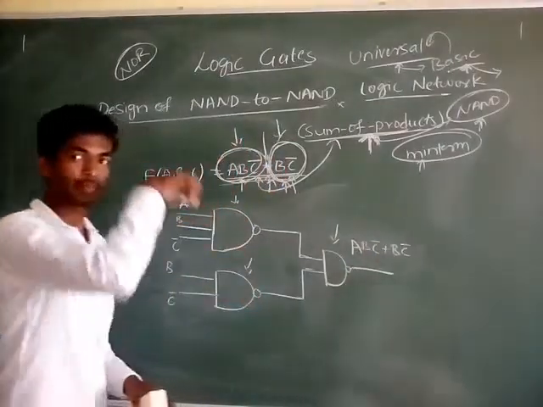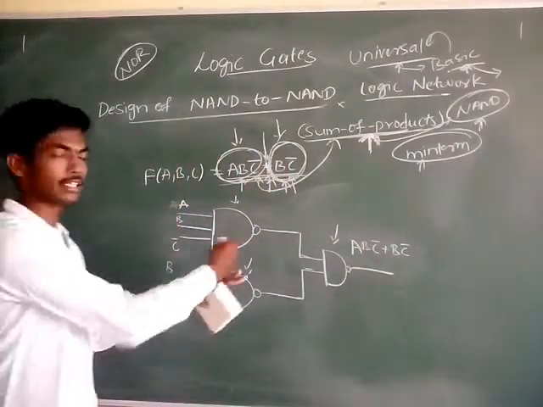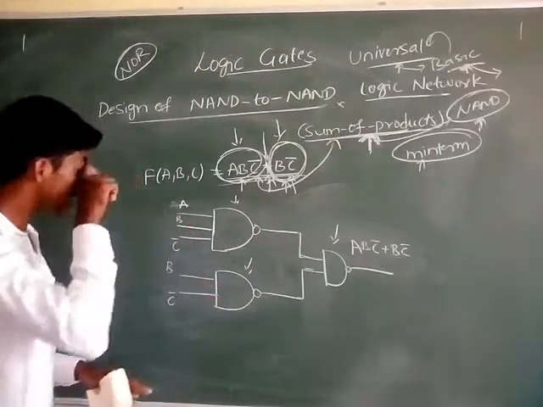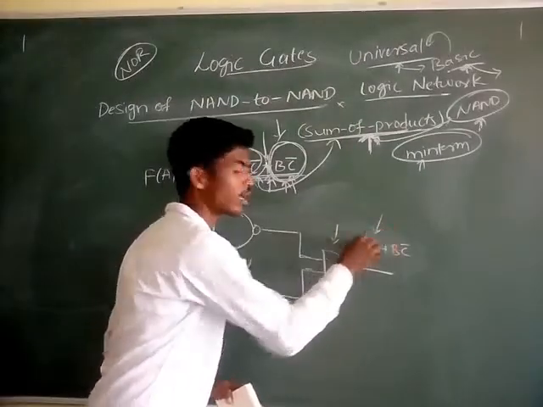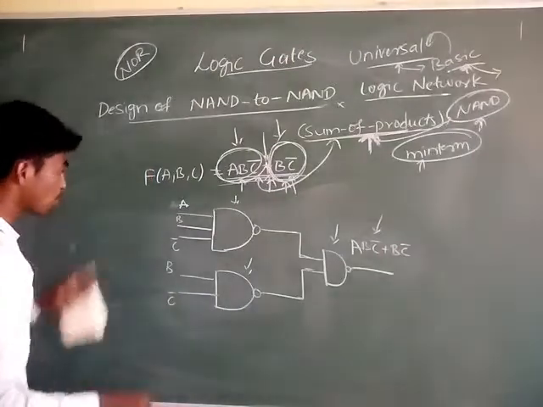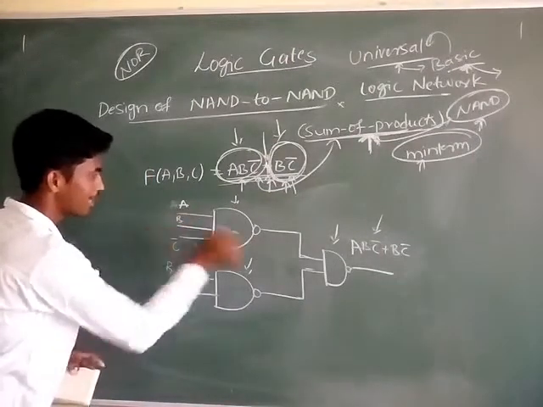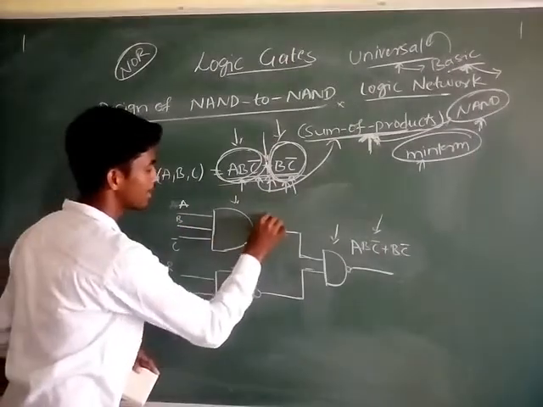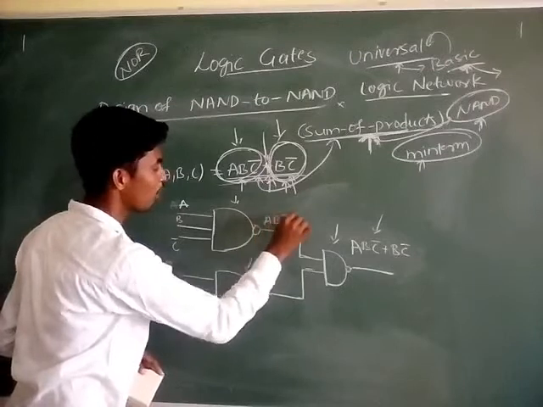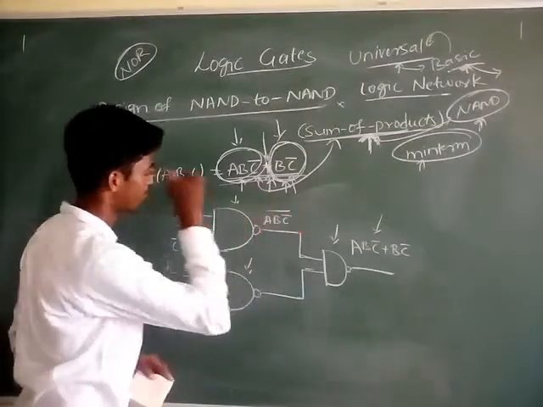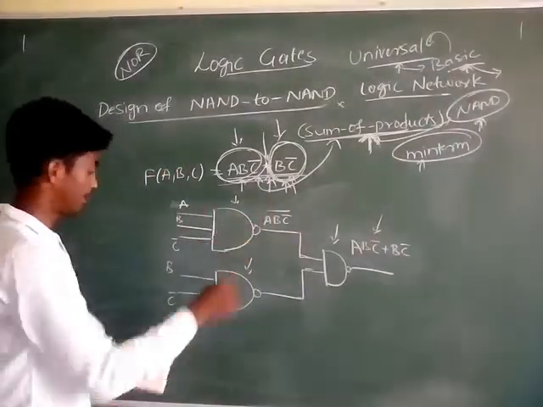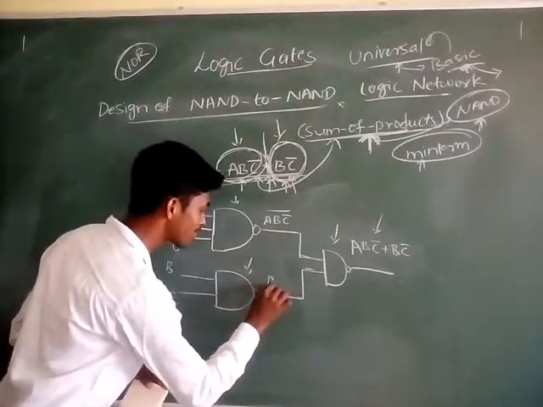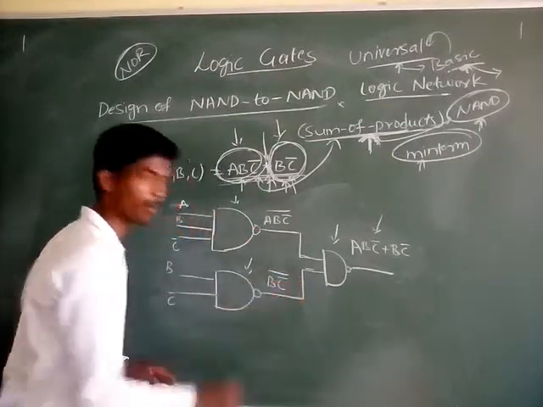Let us see by simplifying this circuit whether we are getting this or not. First, for this NAND gate we will get A, B, C complement, whole complement. For this one, B, C complement, whole complement we will get.